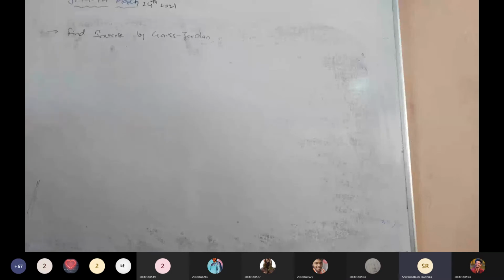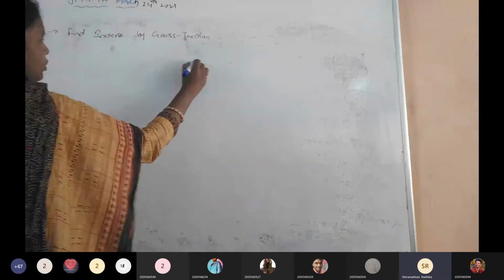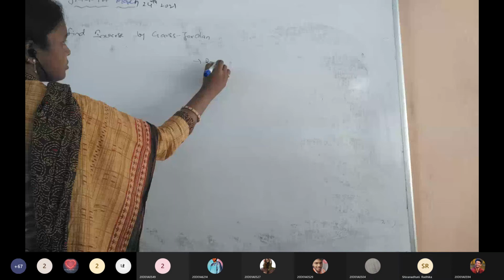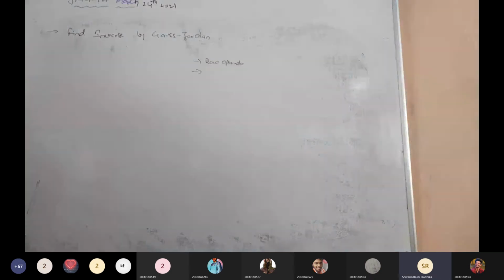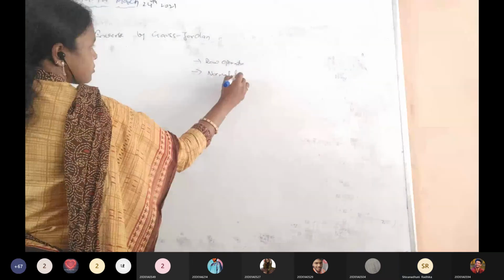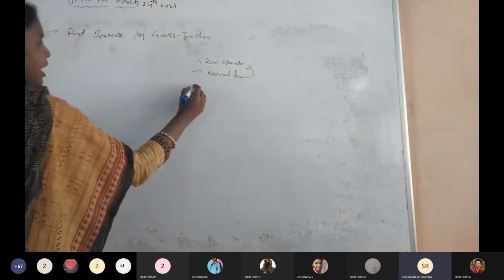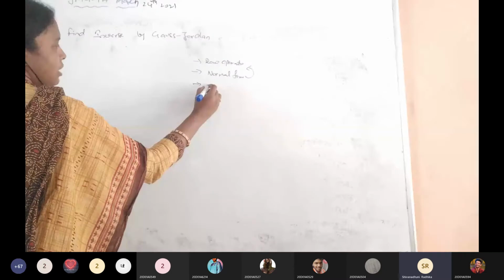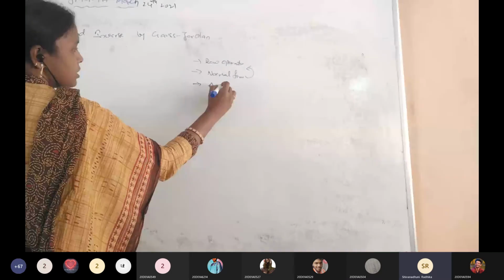And we can use only the row operations in this. Now, using the row operations, we need to change the given matrix into normal form, only using the row operations. And we need to write that one, capital A equals IA.